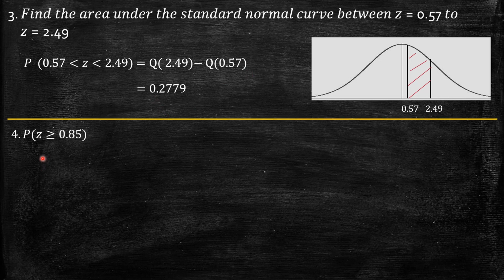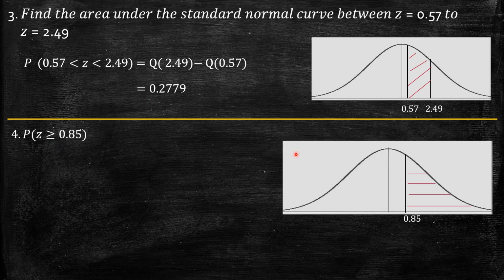Next, if I want the probability of z greater than or equal to 0.85, draw the graph. The area we want is the area under the curve from 0.85 to infinity. If I want from a point to infinity using the calculator, it is R, so R of 0.85. But if I want to take the help of the standard normal table, how can we find it?